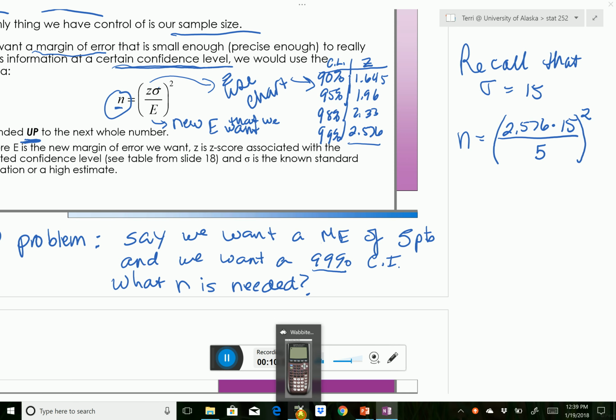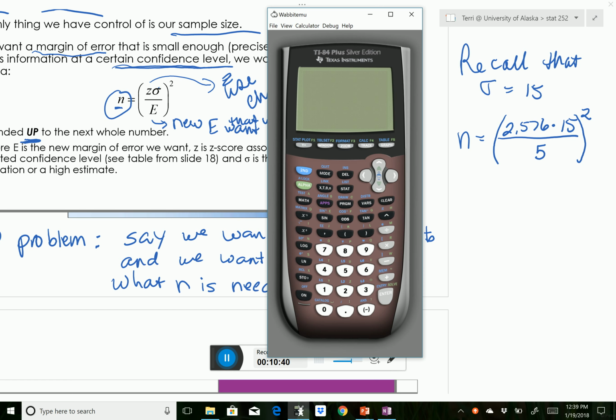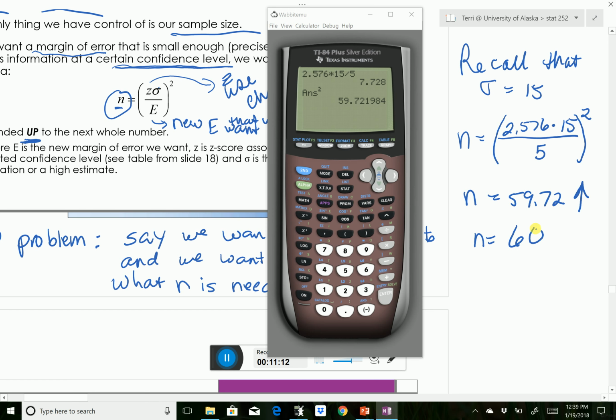Let's do this with our calculator. 2.576 times 15 divided by 5, we get 7.728. We're going to square that, and we get n equals 59.72, and we have to round up. So n has to be 60.